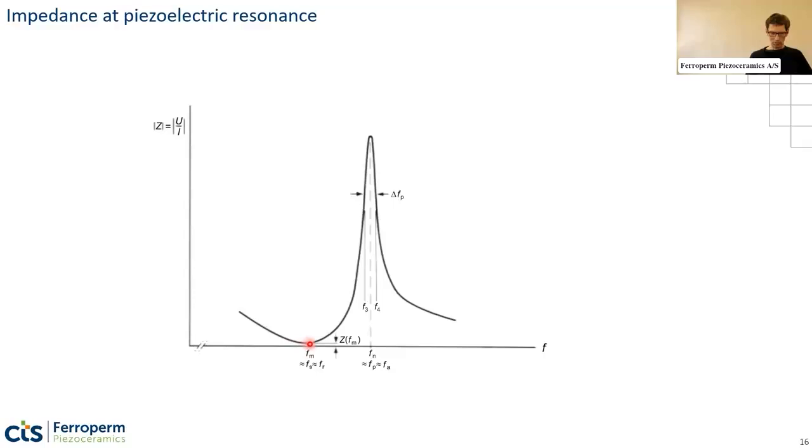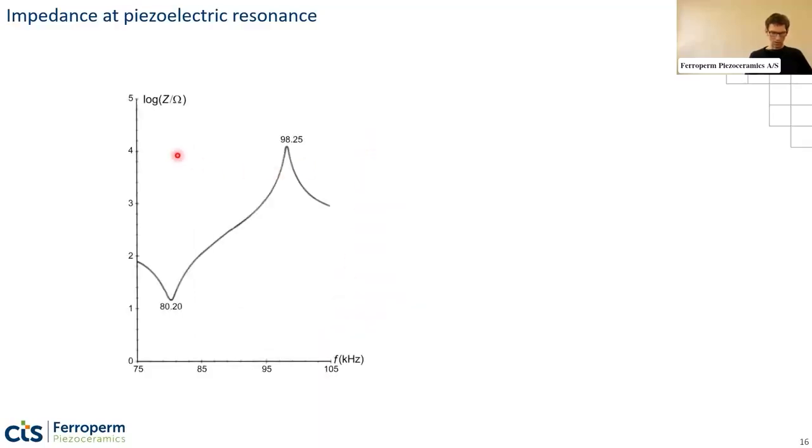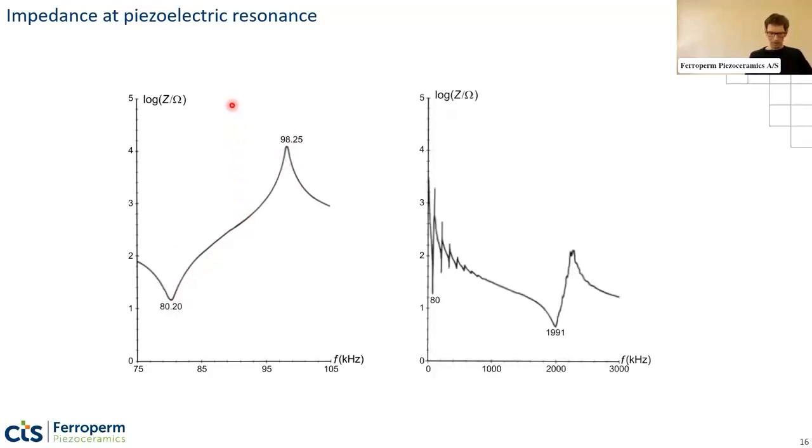You'll see a minimum like this, and then a maximum. On the logarithmic scale you'll see it even clearer, a very distinct minimum and a distinct maximum. These two we call the resonance frequencies. This is called the series resonance, and this is called the parallel resonance. These two frequencies together really describe the resonance as I talked about.